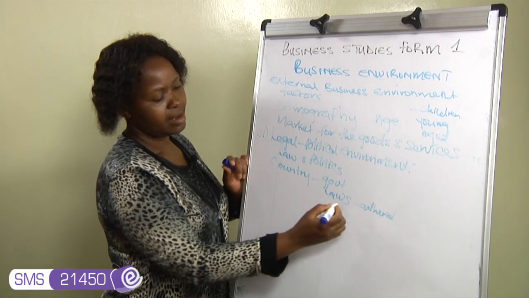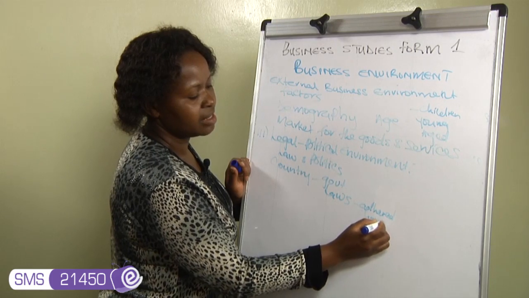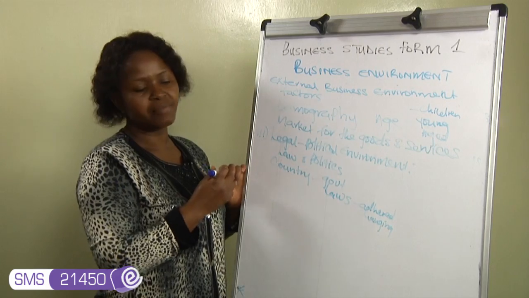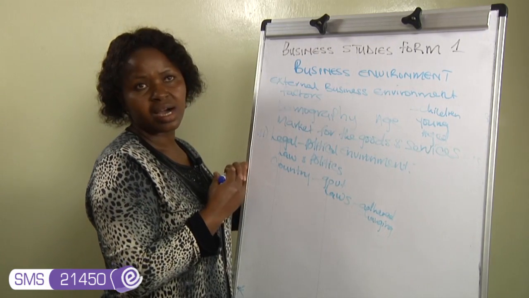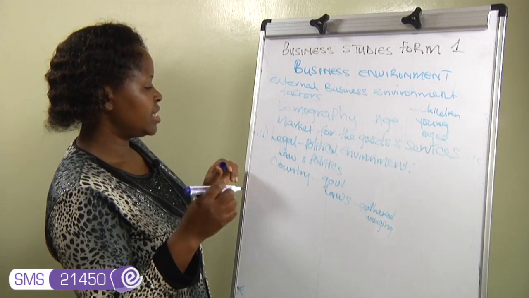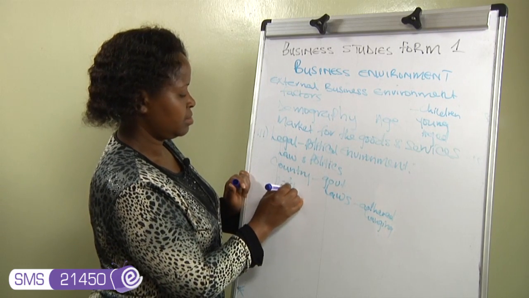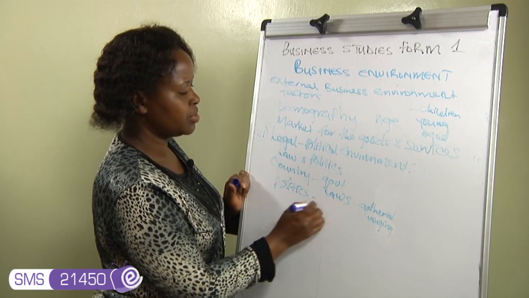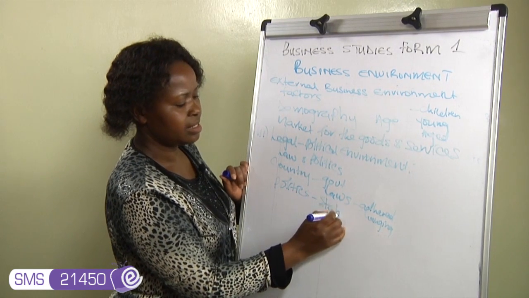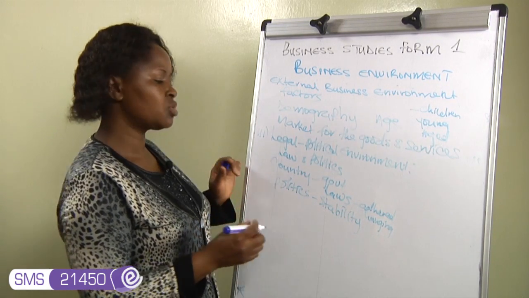And the other issue about laws is that they keep on changing. They might change to favor your business or to affect your business negatively. And we also have politics, because where we have political stability, this is an opportunity for the business to do well.